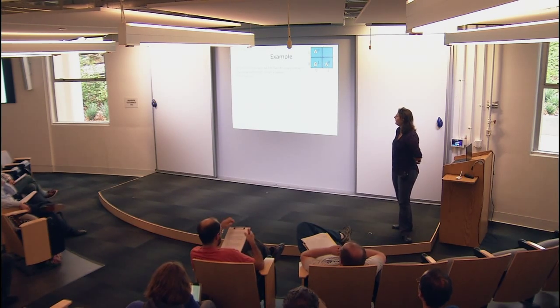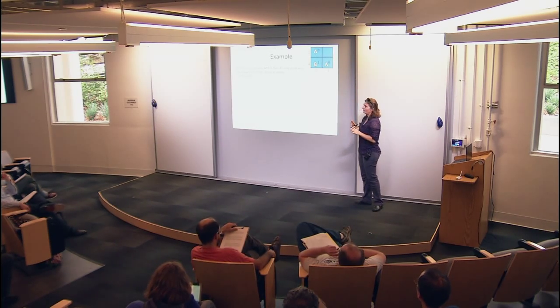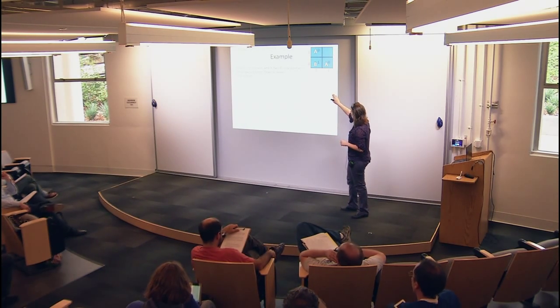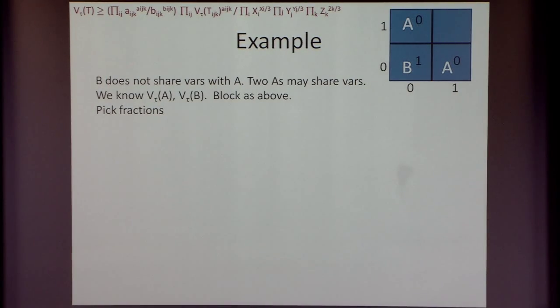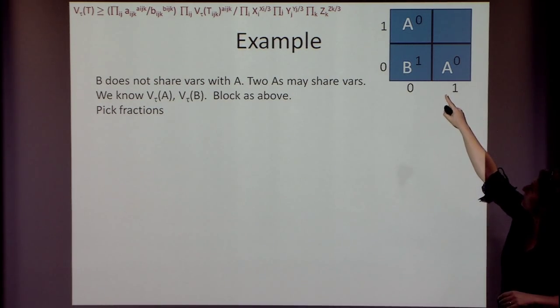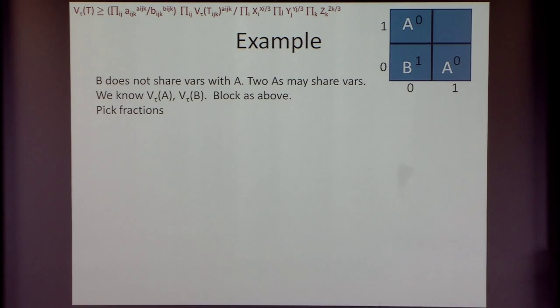So A and A can be different tensors, but they have the same value as far as we know. And then B is some different one, and B does not share variables with A. So any tensor that looks like this, you can analyze in the following way. You block the variables 0, 1, 0, 1, and then the variables of B get block 1, and the variables of A get block 0.